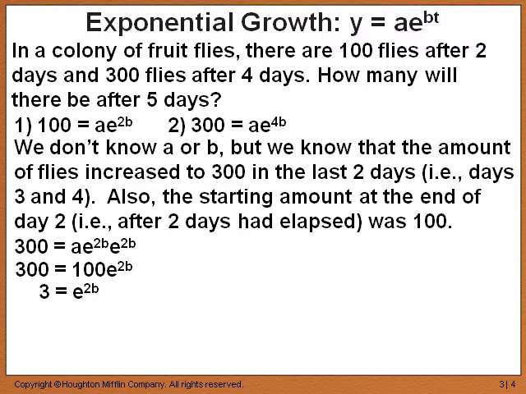So proceeding now, divide both sides by 100. We get 3 equals e to the 2b. Take the ln of both sides. ln3 equals ln e to the 2b. ln3 equals 2b. And ln3 divided by 2 equals b. Alright, so that's our b.